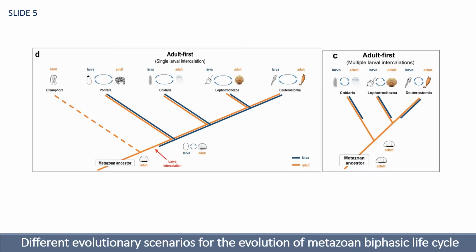In contrast, the intercalation theory suggests that the earliest metazoan was an adult and that a larval stage was intercalated into the life cycle a single time for all indirect developers or multiple times, again at different times for different taxa.